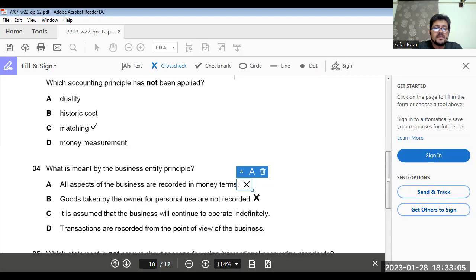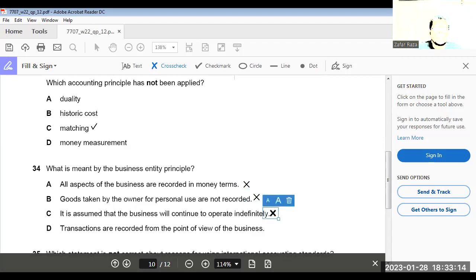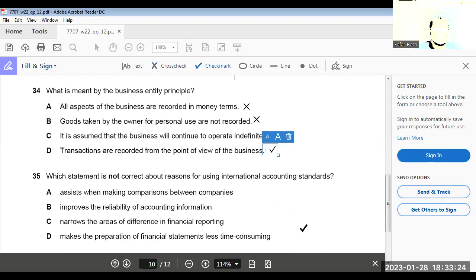It is assumed that business will continue to operate indefinitely. This is actually going concern. Option C is going concern. Transactions are recorded from the viewpoint of the business. Yes. We do not do accounting for the owner. We do accounting for the business.